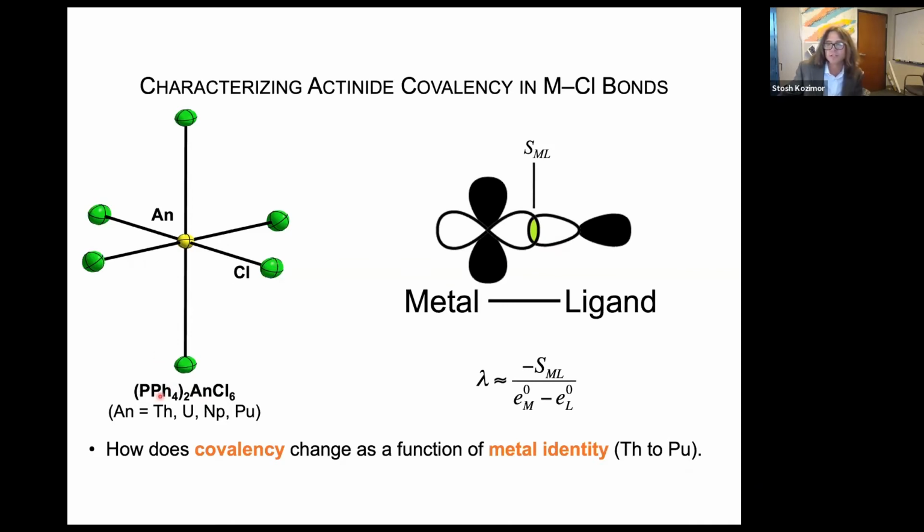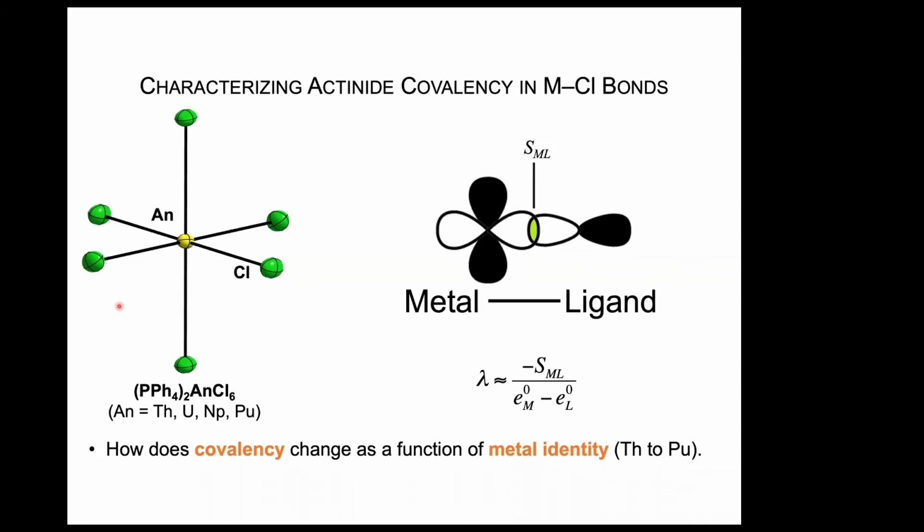There's absolutely no interaction. And we do that on purpose because we just want to be able to probe the actinide chlorine interaction. The downside of that is that it doesn't line these anions up well in the crystal, and so they're distributed wildly throughout the lattice. So we can't do a polarization experiment.